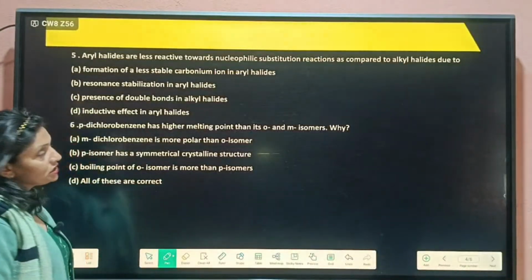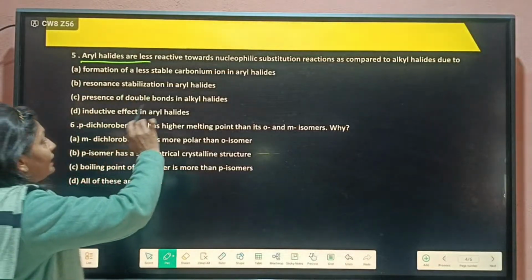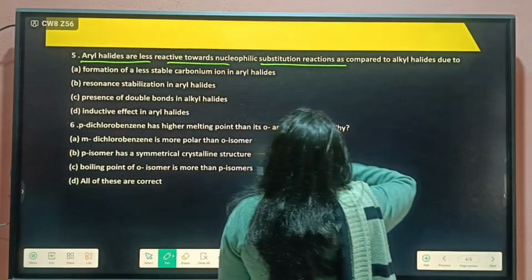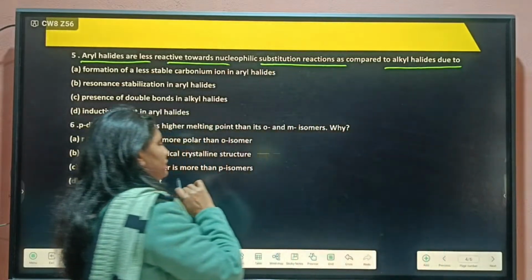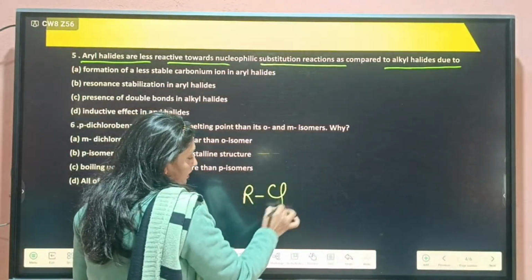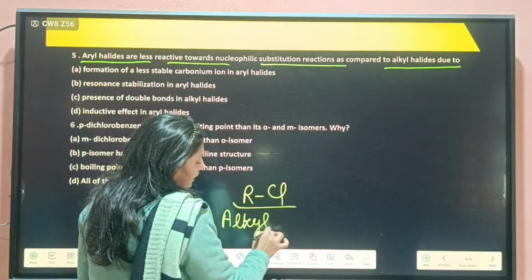Our next question is, aryl halides are less reactive towards nucleophilic substitution reaction as compared to alkyl halide. It is saying this haloalkane, or we can say alkyl halide.